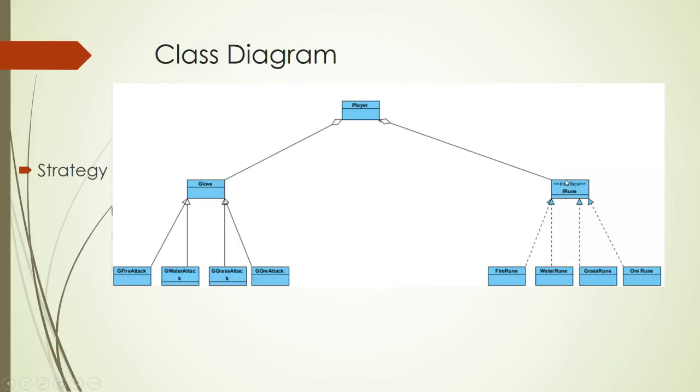So here is the interface for the iRune, and different classes implement the iRune, and on the player I can use iRune to implement four different subclasses. And after the player selects the iRune, the player can use a different magic attack for the glove.